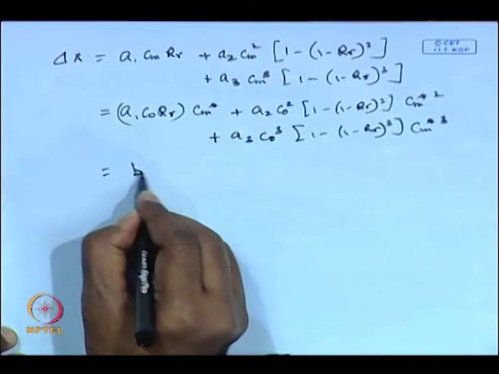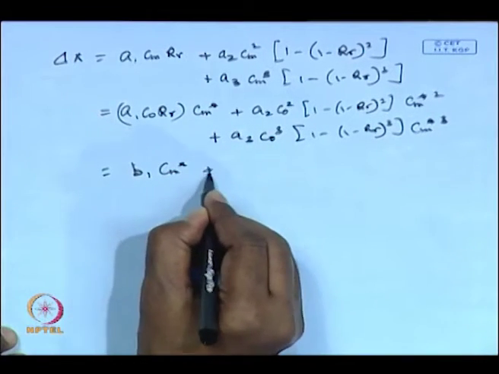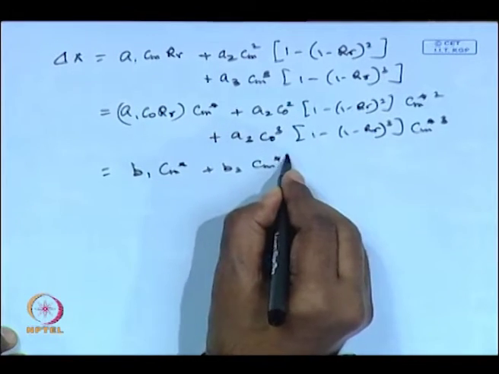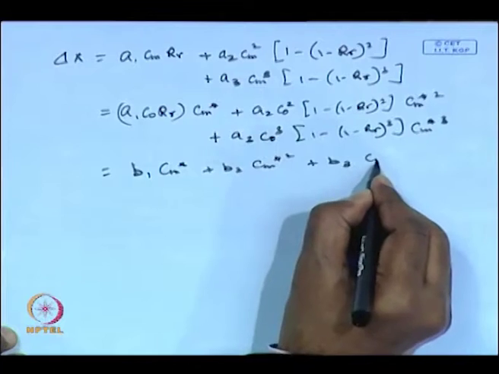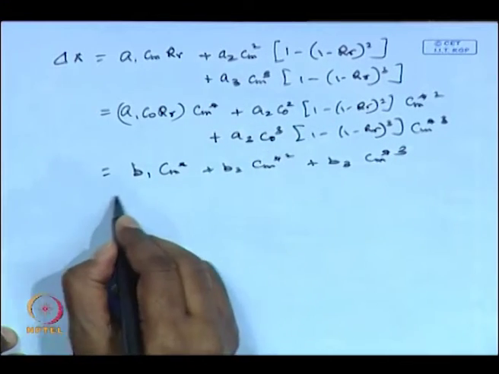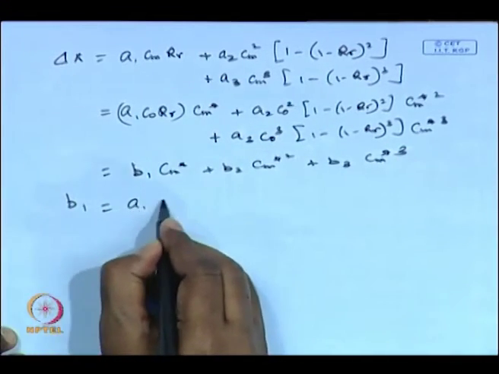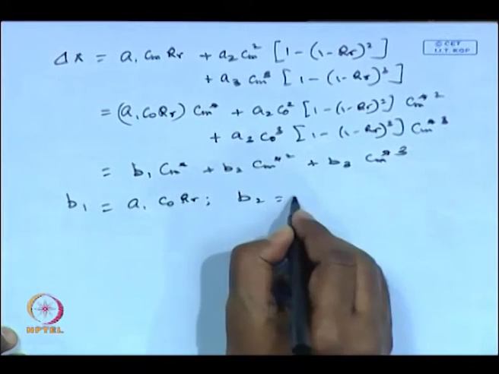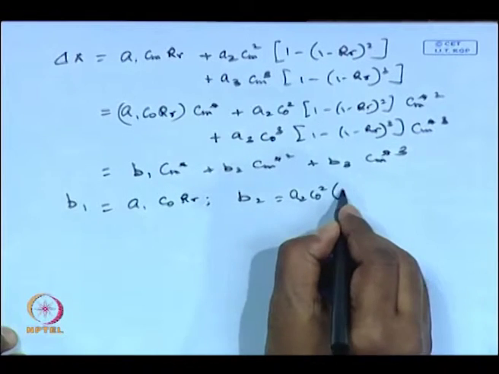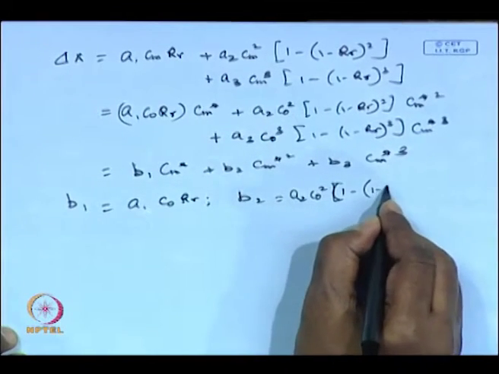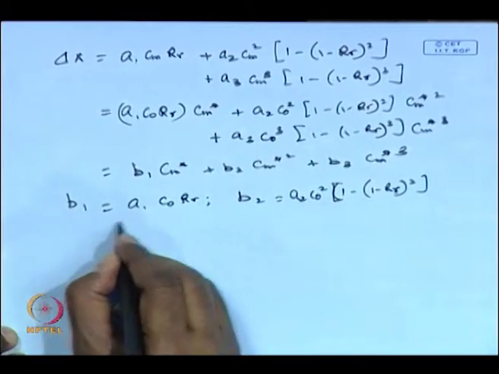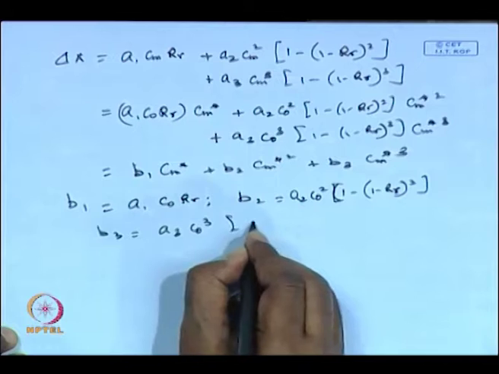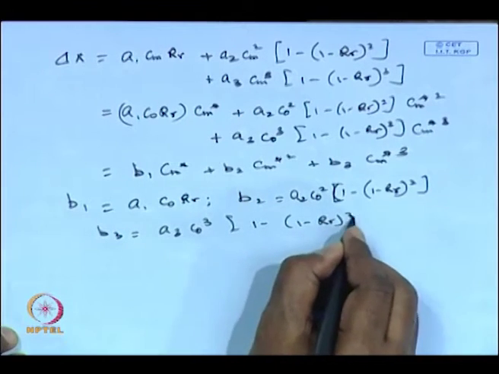This becomes B1 times Cm star plus B2 times Cm star square plus B3 times Cm star cube, where B1 is A1 C naught RR, B2 is A2 C naught square (1 minus RR) whole square, and B3 is A3 C naught cube (1 minus RR) whole cube.